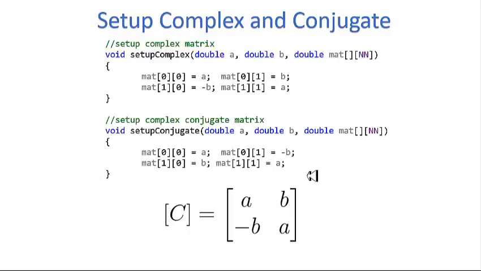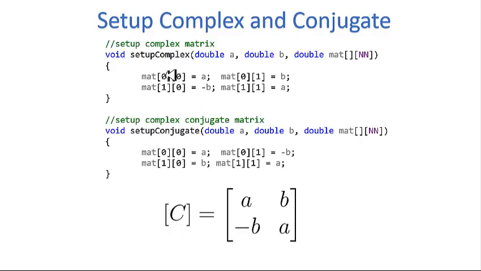Now there's a reason I do it this way. So what I'm going to do here in terms of code is I'm going to show you my setup. So when I call my function setup complex, I put it in row, so it's row column.